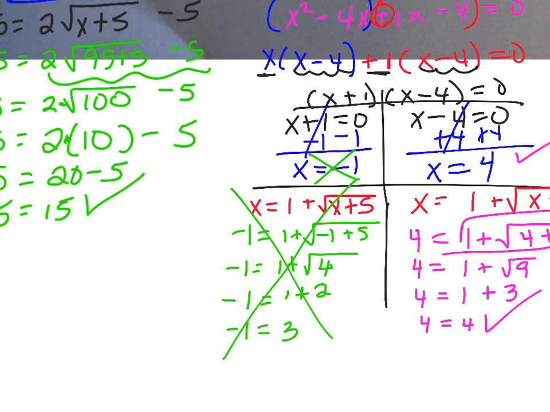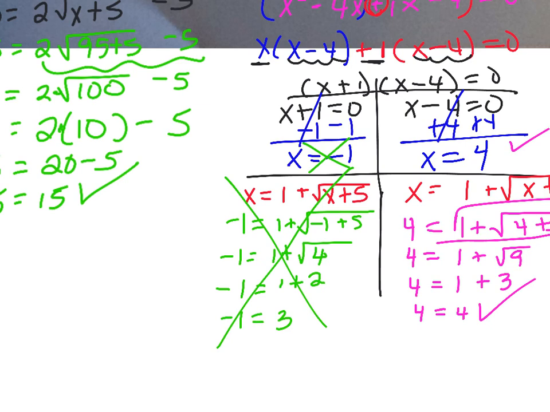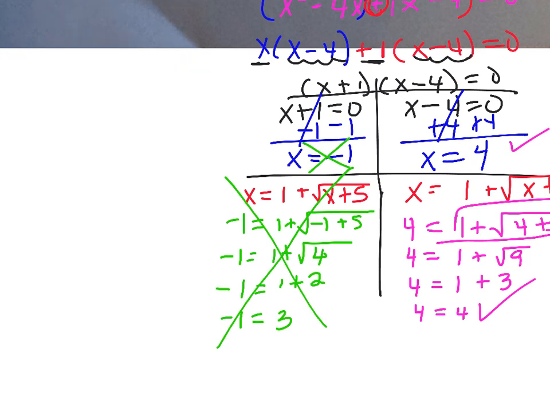This does have a special name when you have something that doesn't work. You do have to make sure that you cross out that x equals negative 1, because x can't be equal to negative 1. So what is this called? When you have a solution that doesn't actually work, it's called an extraneous solution.